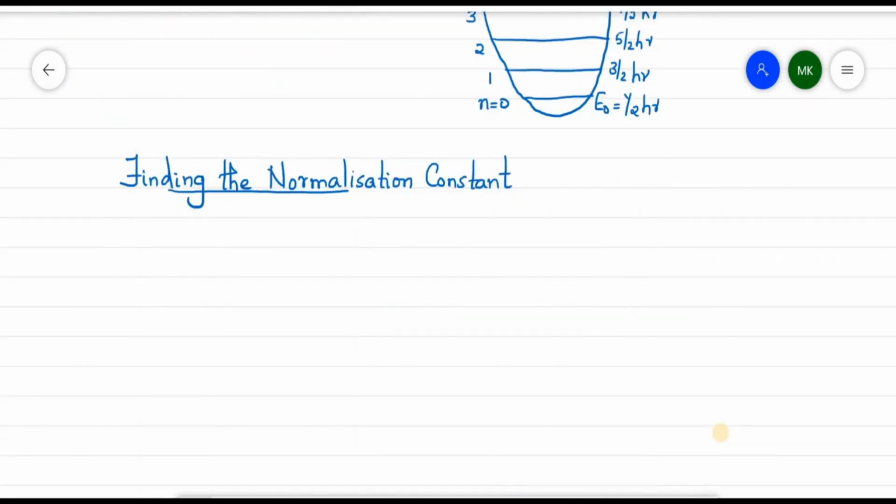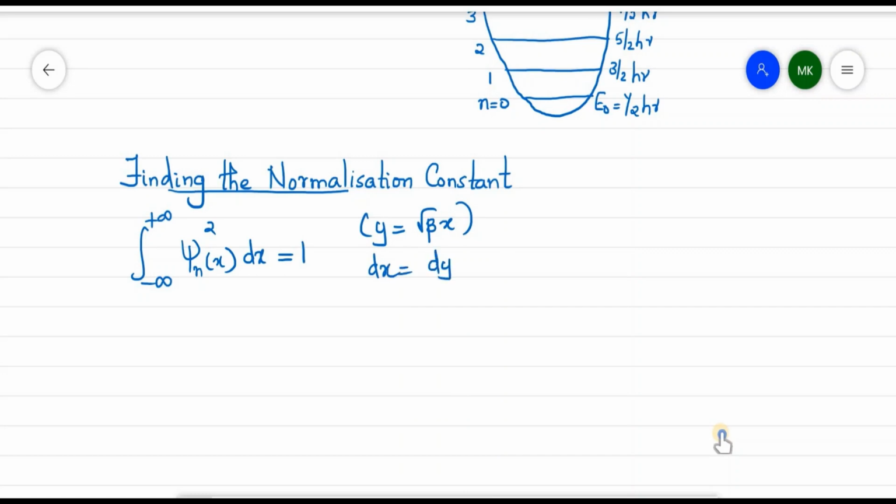Now we have to find the normalization constant. It can be determined from the condition that the integral from minus infinity to plus infinity of xi square dx equals 1. So please remember, we had made the change of variables and expressed xi in terms of y, that is y equals root beta into x, and also dx equals dy by root beta.